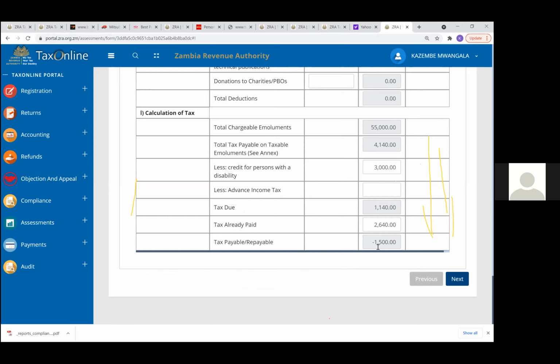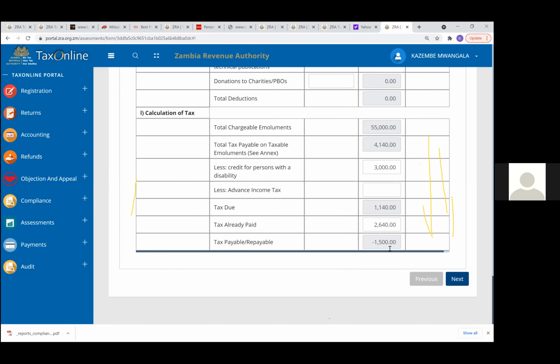The one who got 55,000 as salary and 8,000 as transport allowance had a refund of 600 because the 8,000 transport allowance was not taxed. This is common for those who don't tax other allowances like transport allowance, which should be taxed.